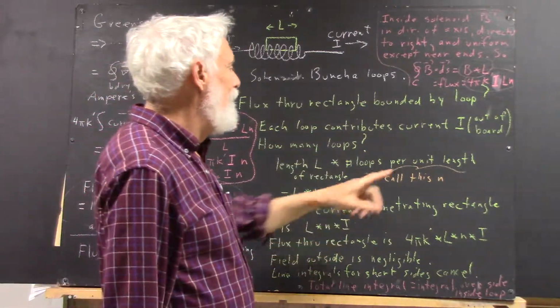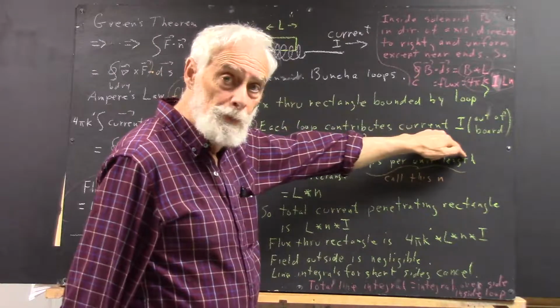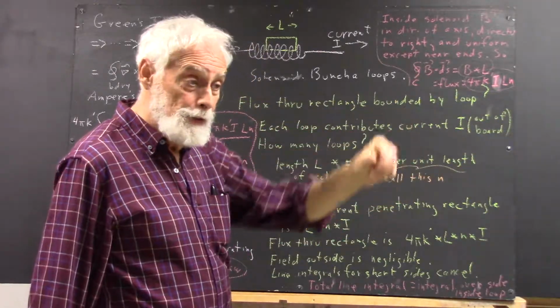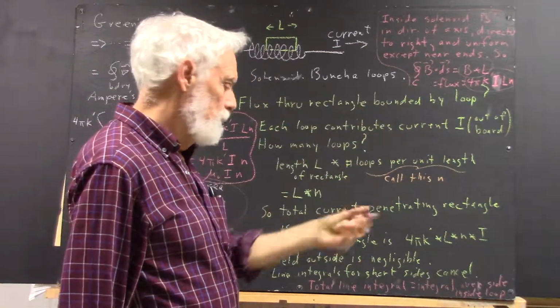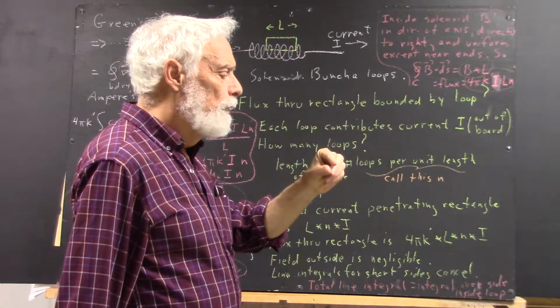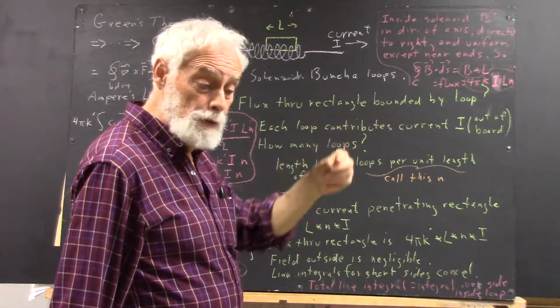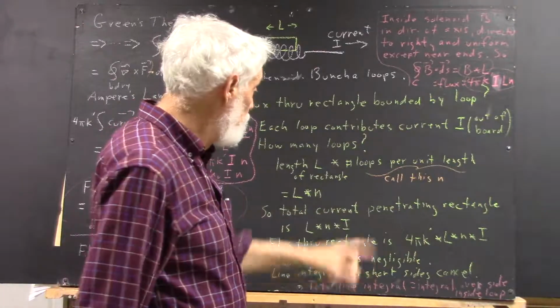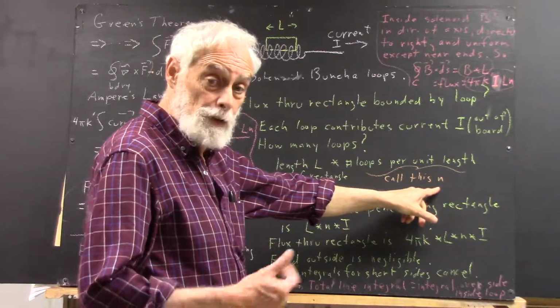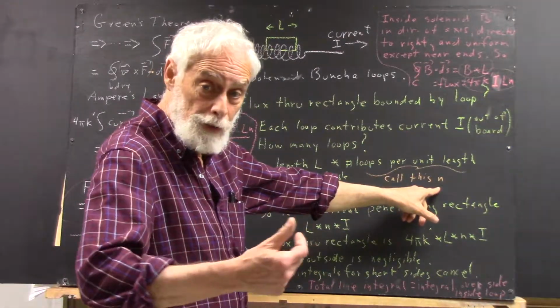We're going to let N stand for the number of loops per unit length. Remember when I had that solenoid, that coil of wire? I said there may be 100 loops per centimeter, 10,000 per meter, so N would be 100 per centimeter or 10,000 per meter.